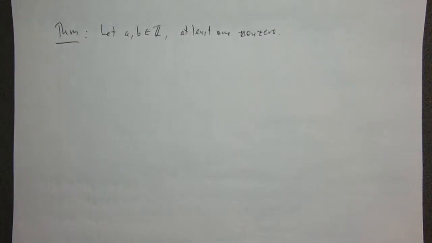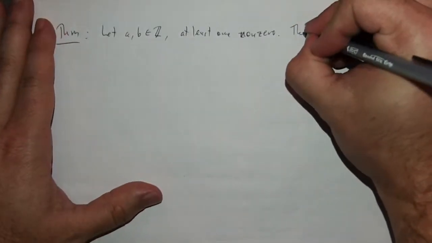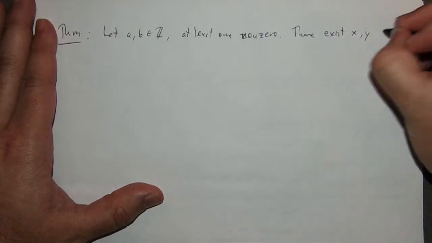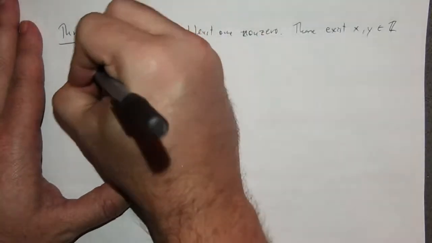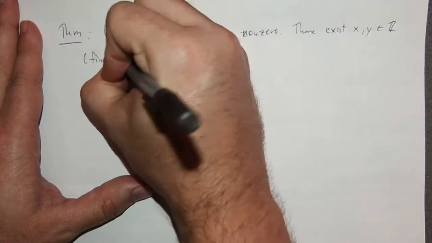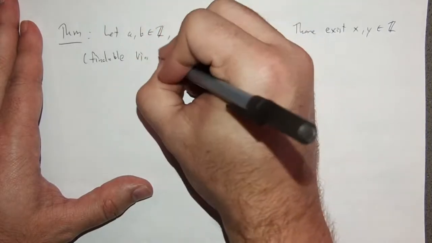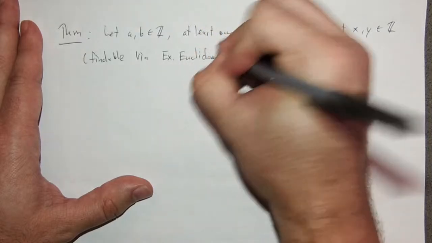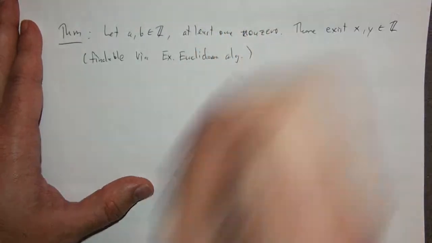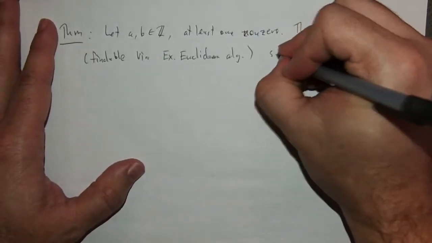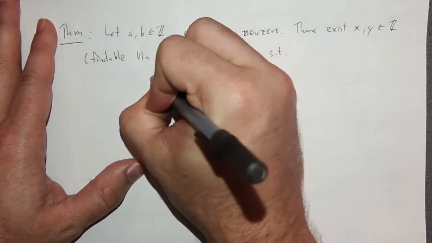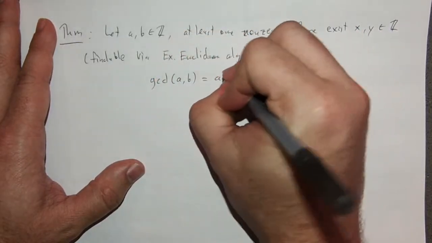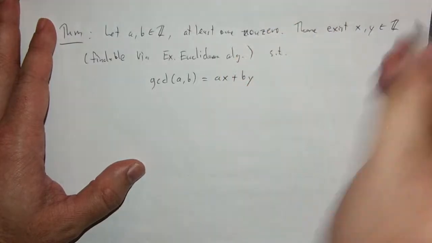There exist x and y, findable via the extended Euclidean algorithm, such that the GCD of A and B is AX plus BY.